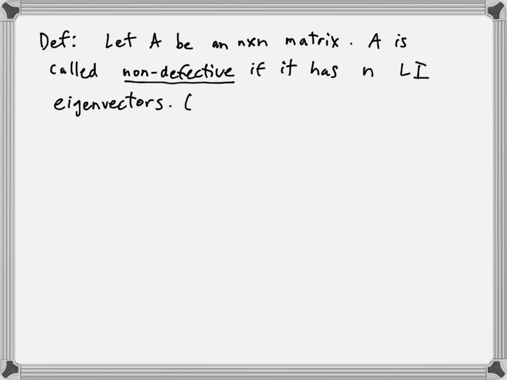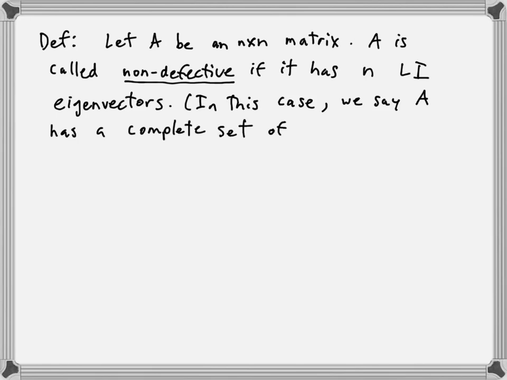Okay, in this case, we say A has a complete set of eigenvectors. This is a good thing, okay? So it is a good thing for a matrix to be non-defective. Complete set of eigenvectors.